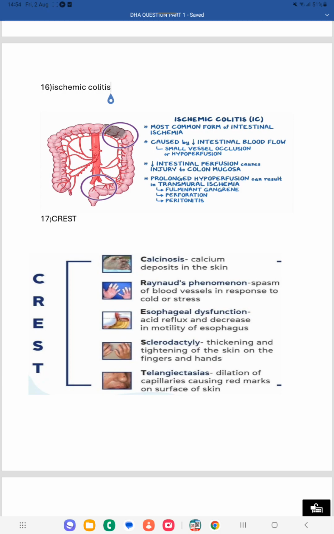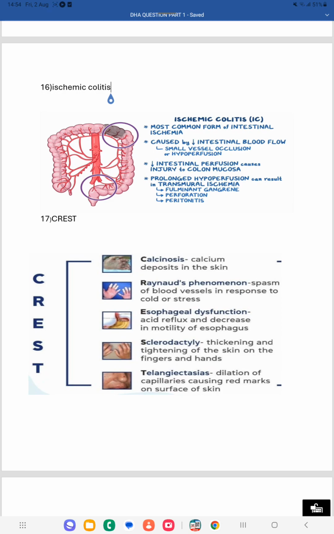Abdominal pain you will be feeling on the left side. More commonly you will get the abdominal pain on the left side, in the lower quadrant. Lower quadrant, left side, you will get severe abdominal pain, and there will be severe tenderness also. There is no specific investigation to confirm ischemic colitis, so we can do the blood test.